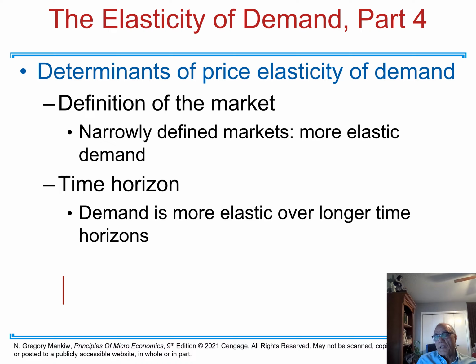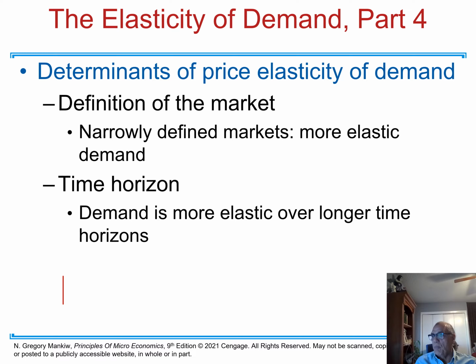Determinants of price elasticity of demand. We know the definition of the market. Narrowly defined markets are more elastic, like a grocery store, which is broad, versus chicken or turkey meat. Time horizon. Demand is more elastic over a long time rather than the short term.